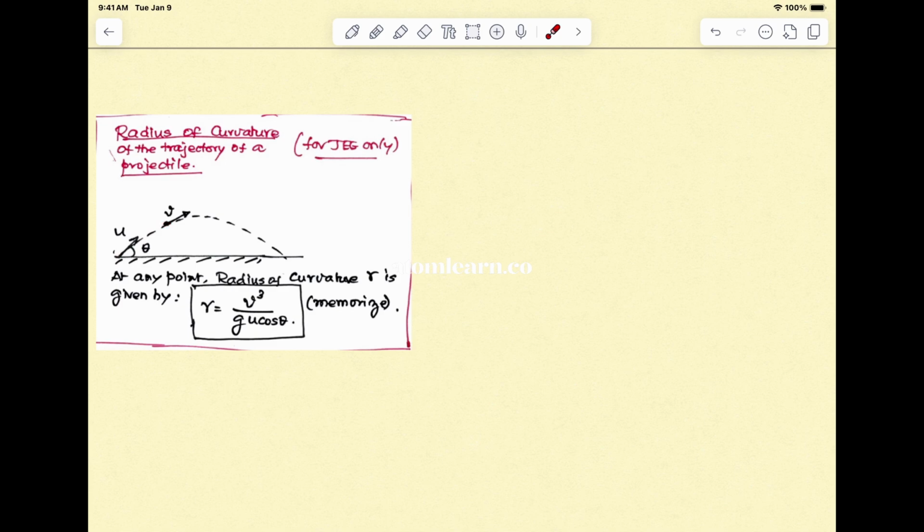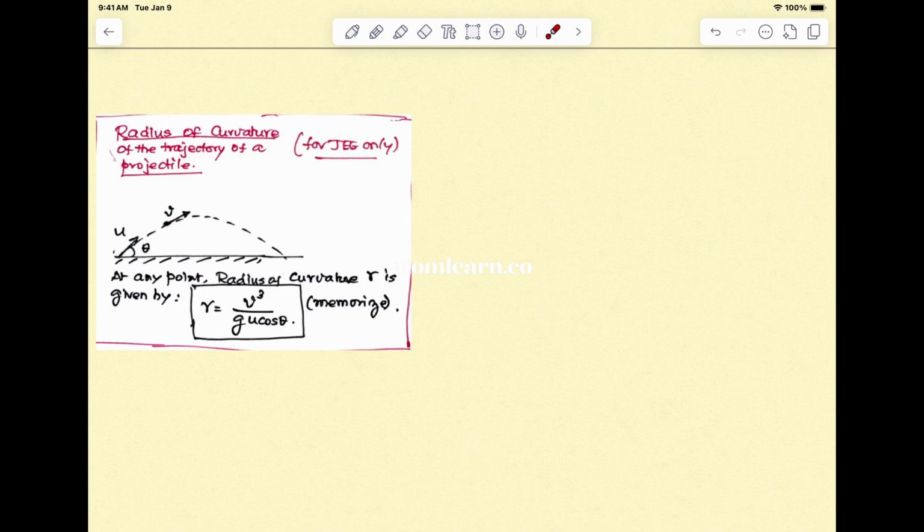Now the meaning of radius of curvature is like this. Assume this path at this point is a part of a circle. Then what is the radius of that circle is what the question means by radius of curvature at that particular point. It may not be a circular path, but we assume that particular small part of the arc, ds, is part of a circle, then what is the radius of the circle?